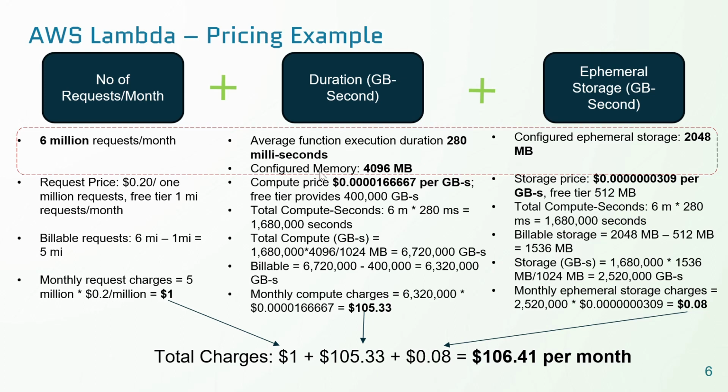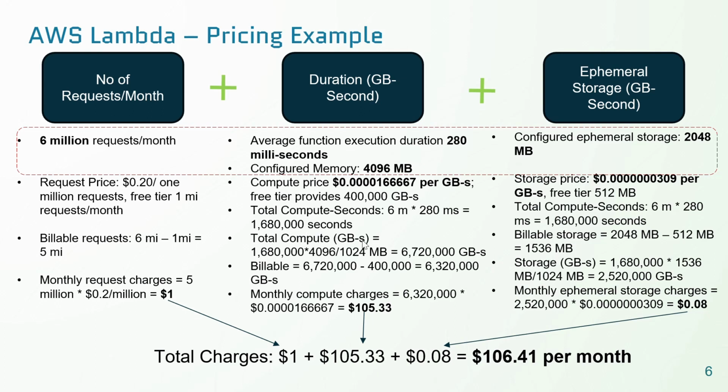The second driver is compute. Lambda compute is charged at $0.0000166667 per GB-second, and we have a free tier of 400k GB-seconds. The total compute seconds for our scenario is 6 million times 280 milliseconds, which comes to around 1.68 million seconds.